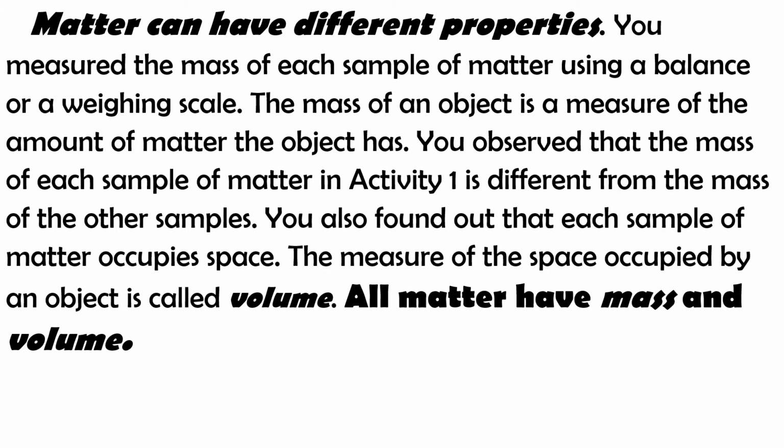She also found out that each sample of matter occupies space. The measure of the space occupied by an object is what we call the volume. So again, all matter has mass and volume. That was illustrated in the previous slides.